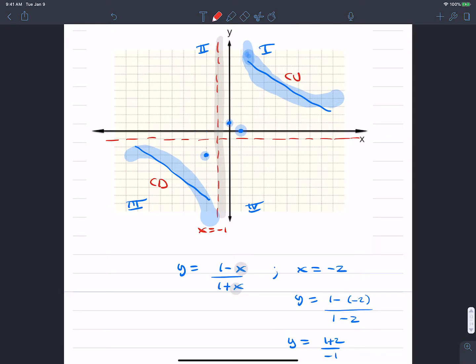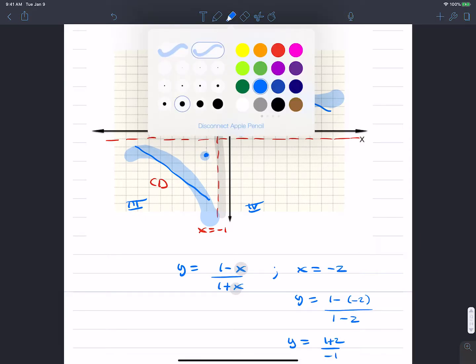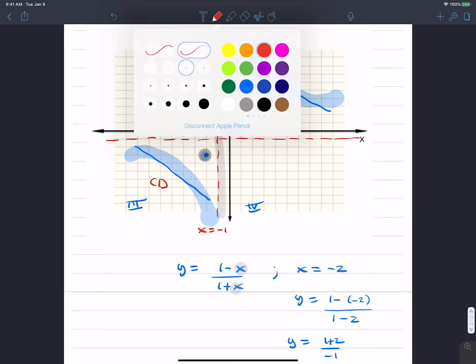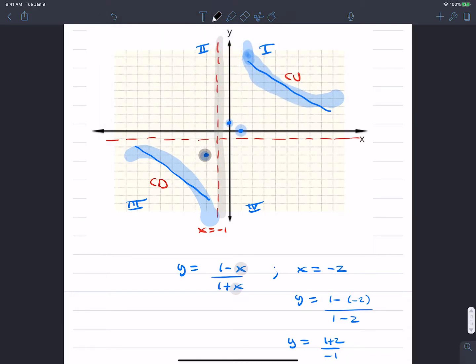Now, this is just a rough idea of the sketch. I just want to let you guys know we're putting these ideas together because in terms of your sketch, you've got to go through this point here. And so I'm going to say it looks something like this. And I go through these points. So it's going to go down forever here, and it's going to go up forever here.